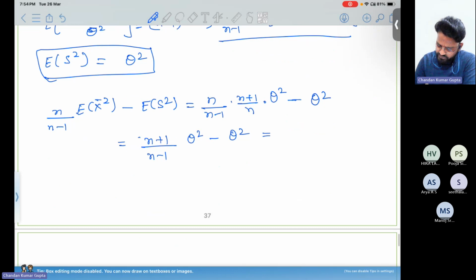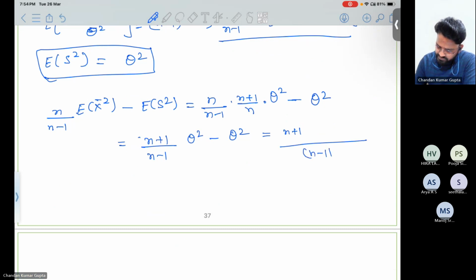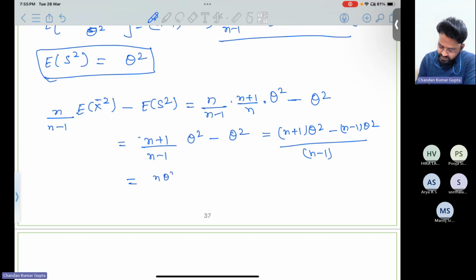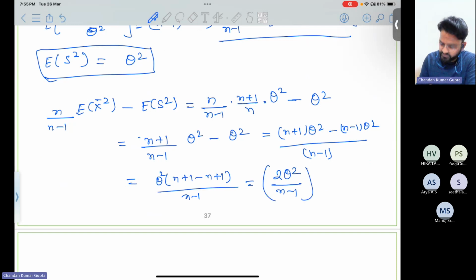If it is n plus 1 of theta square minus n minus 1 of theta square, then from here it is theta square times n plus 1 minus n plus 1 upon n minus 1, which is 2 theta square upon n minus 1.